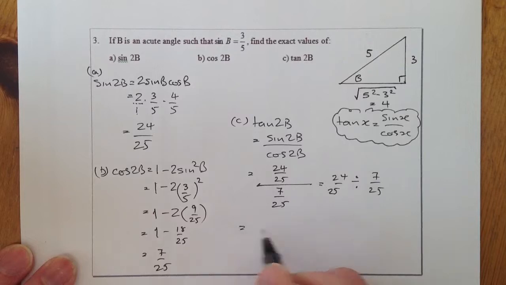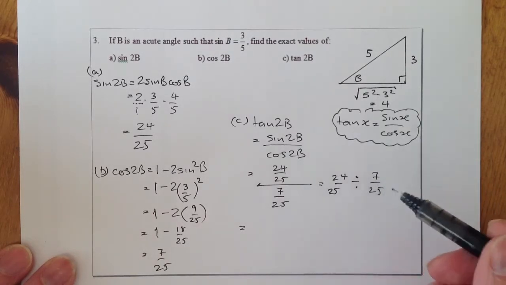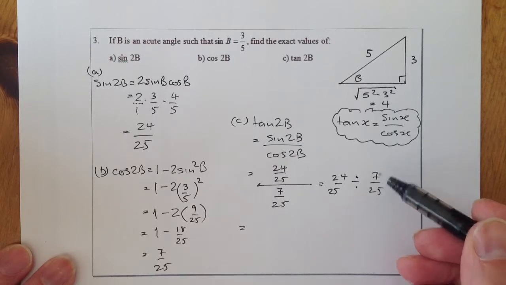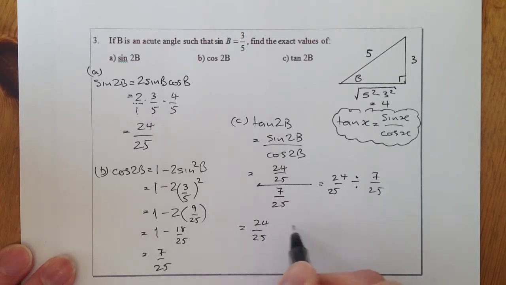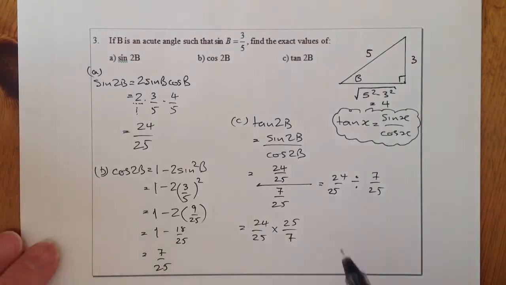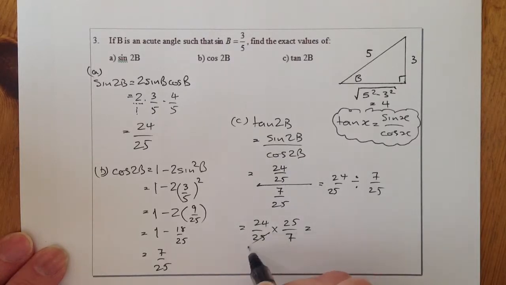When dividing fractions, I can take the reciprocal, flip it over and change the divide to a times. I could multiply that out, but it's a non-calculator question and the numbers are getting a bit big. Instead I can cancel by dividing the top and bottom by 25, which leaves 24 over 7, and that's the exact value of tan 2B.